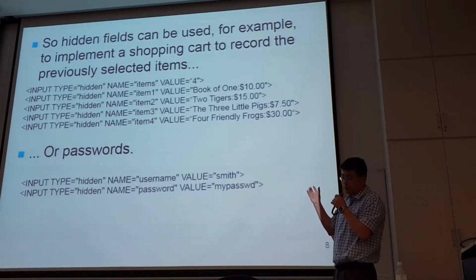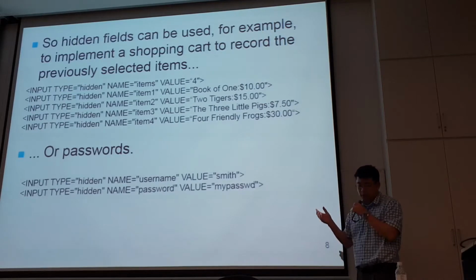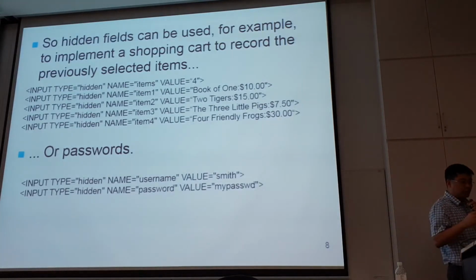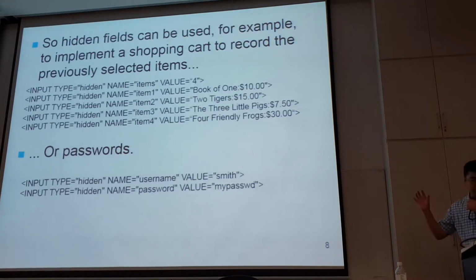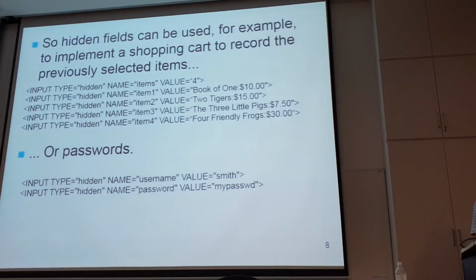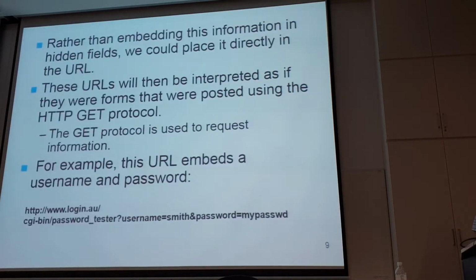This is a method used by, for example, shopping websites. When you select items, you can cache all those items in the hidden field. You may also cache some user credentials in the hidden field. Some people will do this because it's convenient, but this kind of mechanism will bring problems.